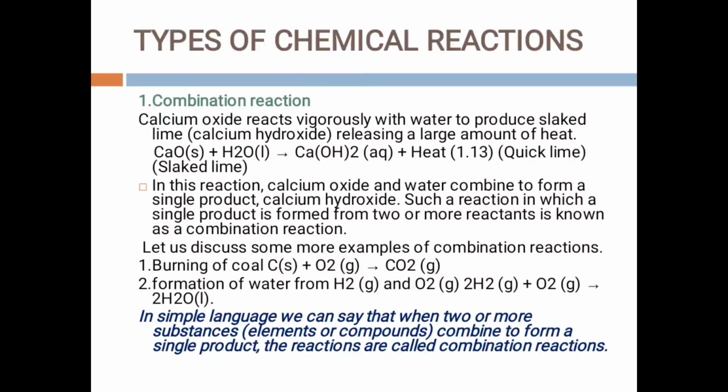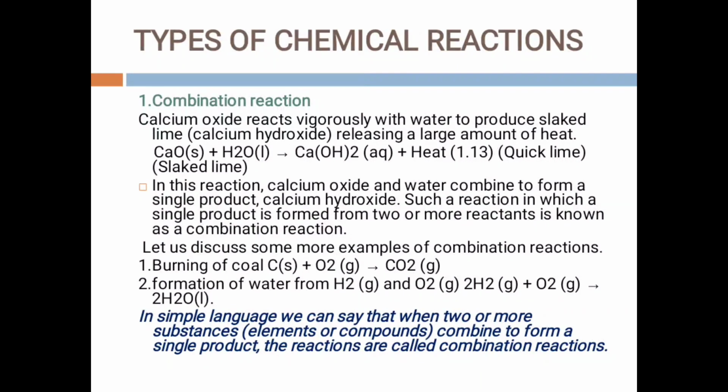Now let us look at various other examples of combination reaction, which is burning of coal, that is C plus O2 giving rise to CO2. Two reactants combining to give a single product. Again, the next one wherein we can see combination of 2H2 plus O2 giving rise to 2H2O.